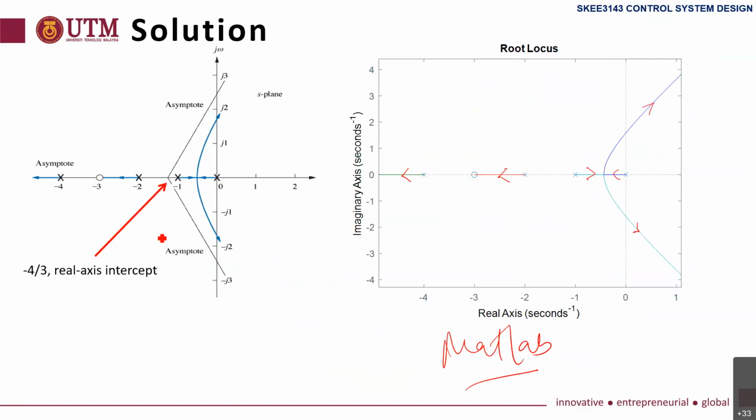And this is taken from the textbook. It is here at minus 1.33. This is the exact drawing. The one that we did is just a sketch. We can use MATLAB to help us get the exact drawing. But of course, we need to know the basic theory and how to analyze the root locus that we obtain through MATLAB.